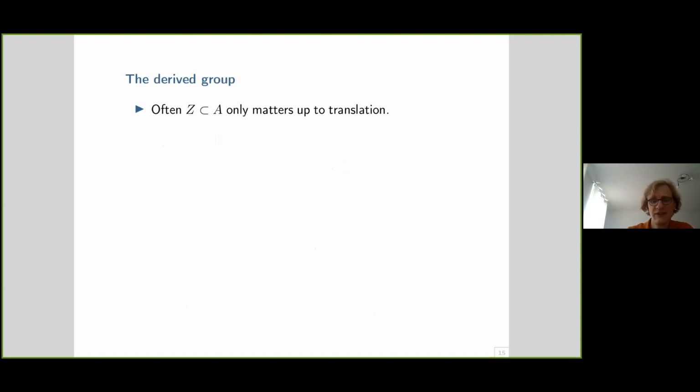And before I proceed, I want to make one further reduction. Usually, if you have subvarieties of abelian varieties, you can always translate them. And in many cases, the geometrically meaningful definition only gives you something up to a translation. For instance, if you have a polarization on an abelian variety, if you translate the divisor, the polarization class won't change.